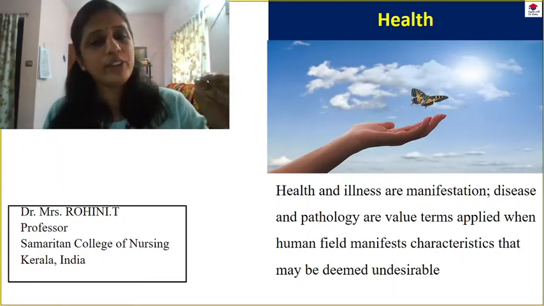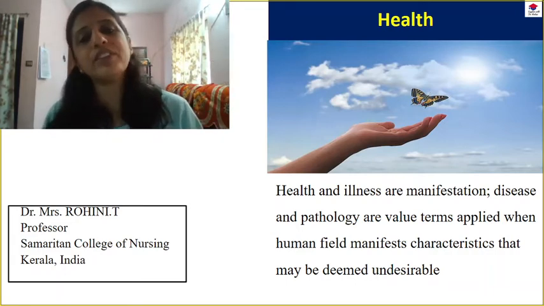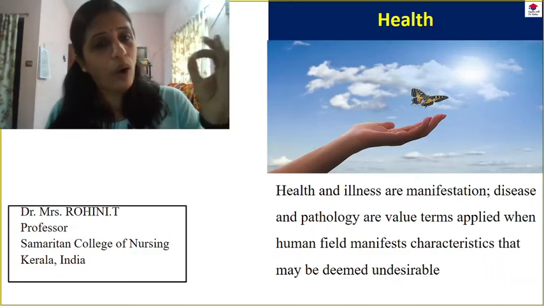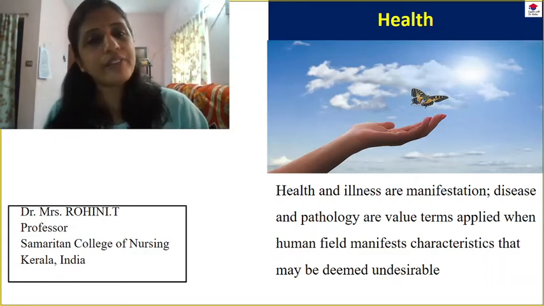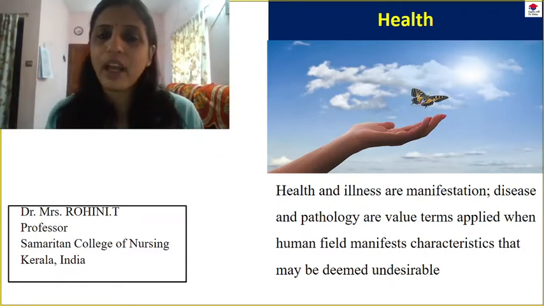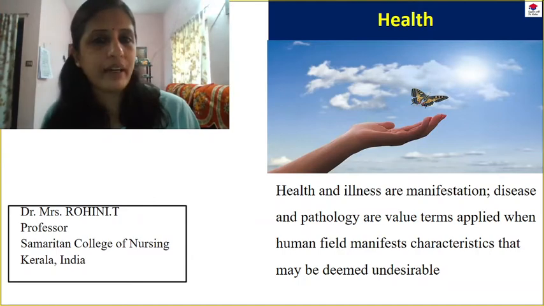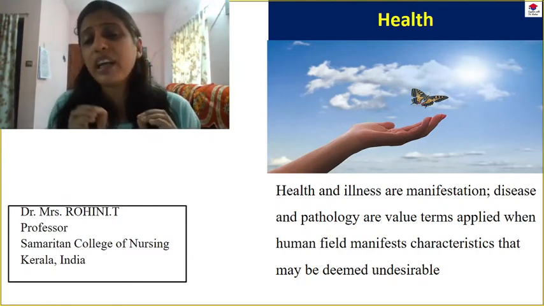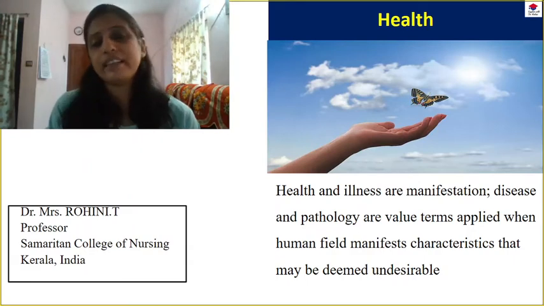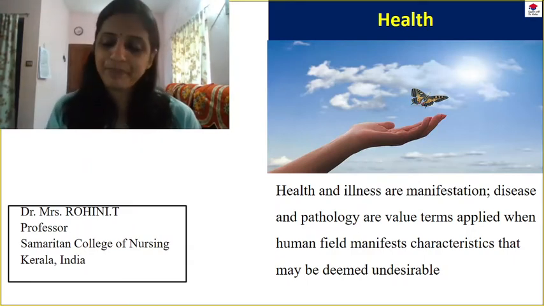So, even though a patient is quadriplegic, paraplegic, hemiplegic, even with all those paralysis, if the desirable characteristics are exhibited by the person, this person, according to Roger, is healthy. But though you have all the body parts, if you exhibit only undesirable characteristics, according to Roger, she will say that you are not healthy.